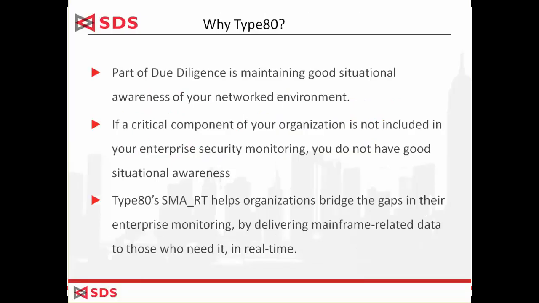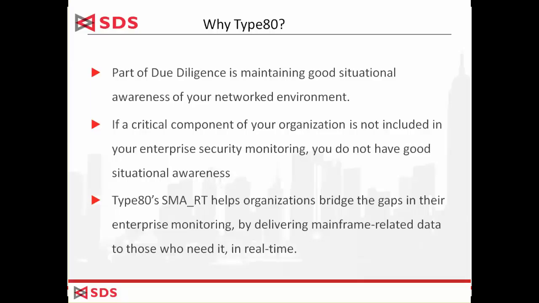So, when we created Type 80, a lot of this came from my experience doing security vulnerability assessments at major networks, and from my experience working with the more traditional intrusion detection systems.